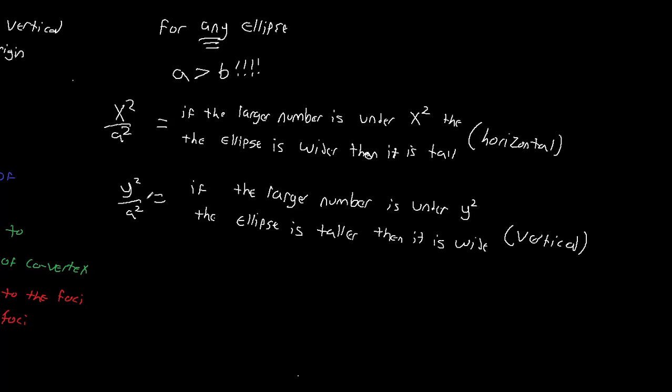So if it's wider in the x, you're going to put a under x squared. If it's longer in the y, you're going to put the a under the y squared. That's the way that I keep track of it if you see the ellipse. If you're given the standard equation, if the larger number is under the y squared, then you know the ellipse is going to be taller than it is wide. If the bigger number is under x squared, then you know that it's going to be wider than it is tall.